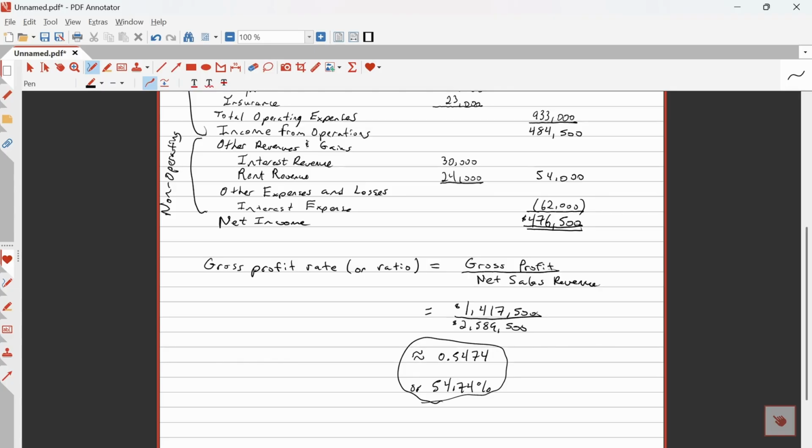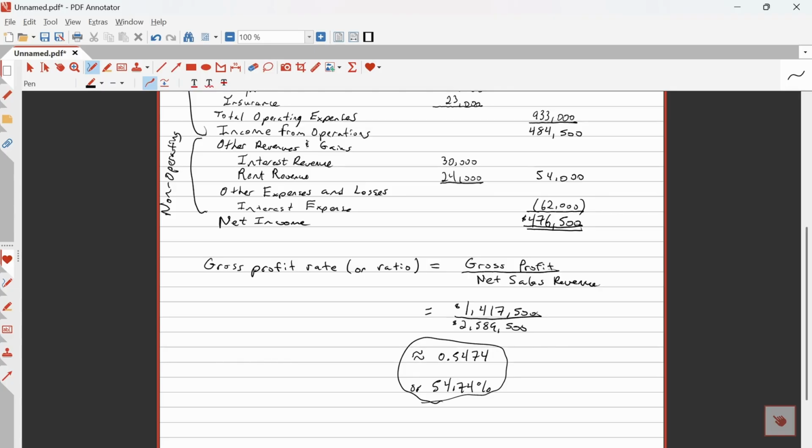So for every dollar of net sales revenue of our product that we sell, 0.5474 of that dollar, 54.74%, or about half of the dollar, about 54 cents, we are able to keep in our pocket after paying the cost of goods sold expense.